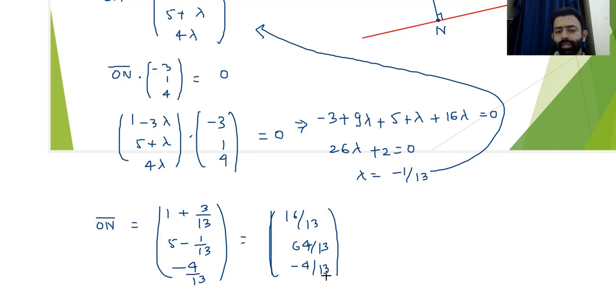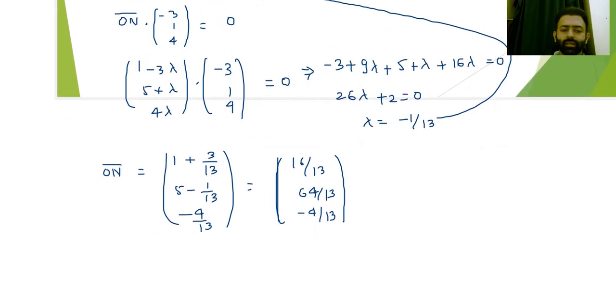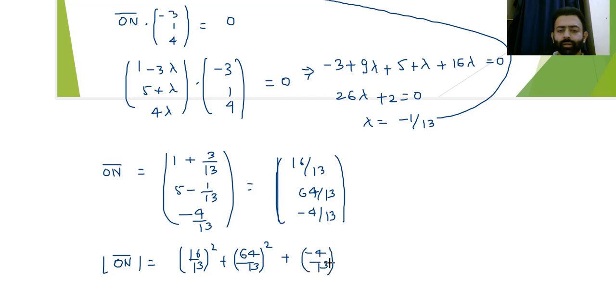Right, and I'm interested in finding out the magnitude. So the ON magnitude is the square root of 16 by 13 whole square plus 64 by 13 whole square plus -4 by 13 whole square.